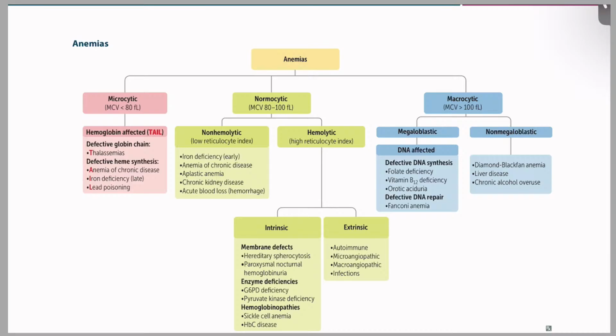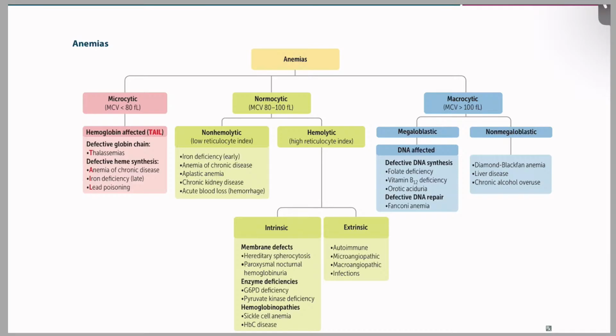Non-hemolytic, low reticulocyte index: iron deficiency, early anemia of chronic disease, aplastic anemia, chronic kidney disease, acute blood loss, hemorrhage. Hemolytic, high reticulocyte index. Intrinsic and extrinsic.